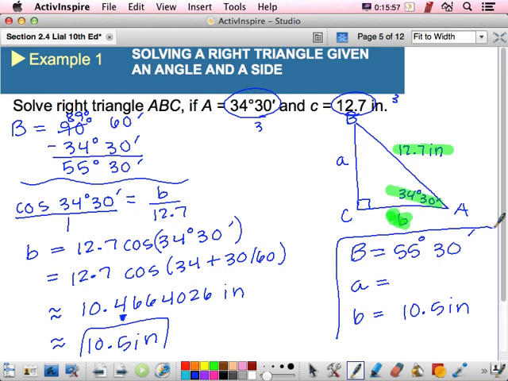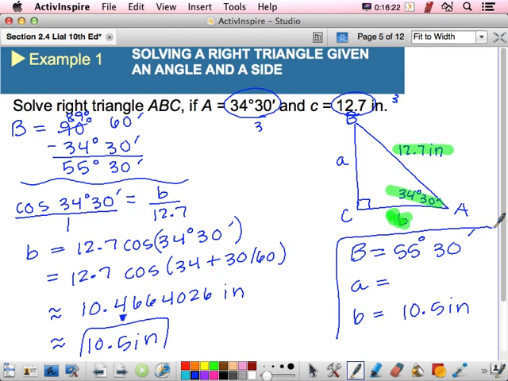Now, the Pythagorean theorem can be used there, but you are not allowed to use a rounded answer to find another answer. So if you choose to do the Pythagorean theorem, you have to go back to the unrounded 10.464026 and use that in your Pythagorean theorem. I don't particularly want to type that in my calculator and square it and deal with all those decimals.